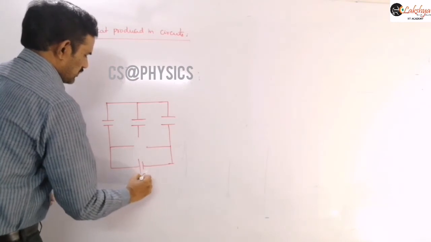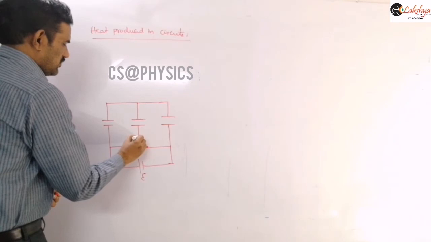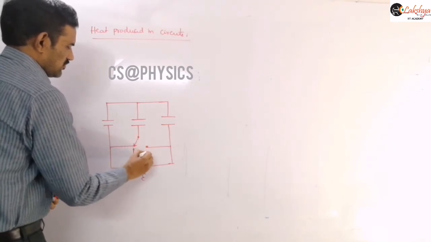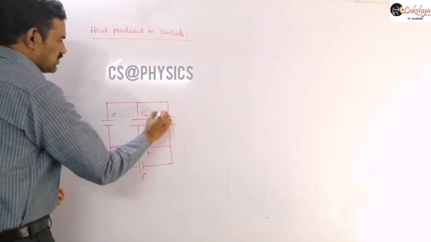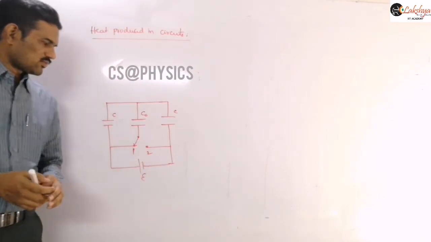So this is epsilon. Initially we consider that the switch is connected to this position, say 1, this is terminal 1 and this is 2, and its capacitance is C, and this is C0 and this is C. So those are the capacitances of that circuit.